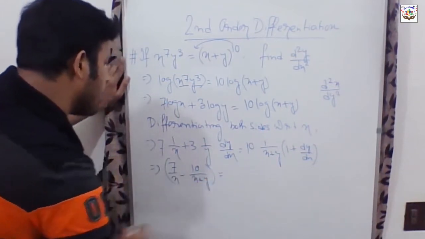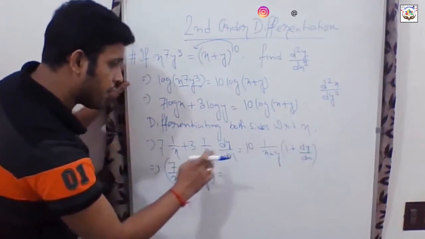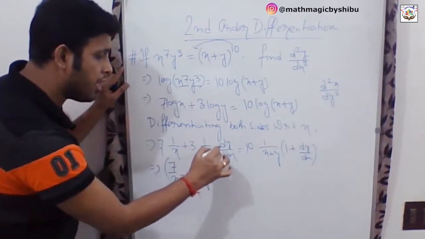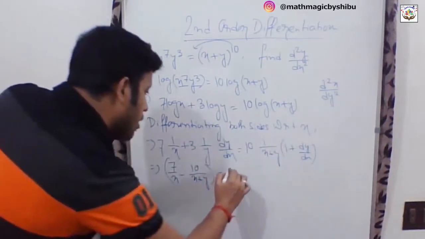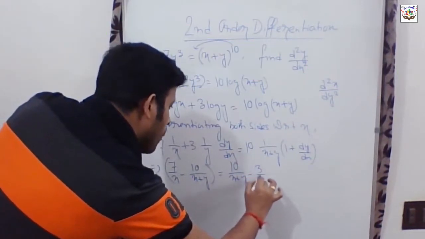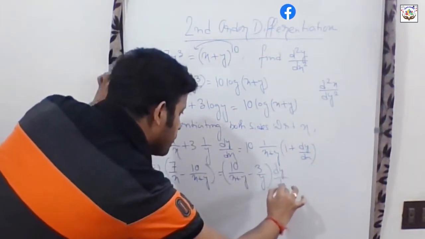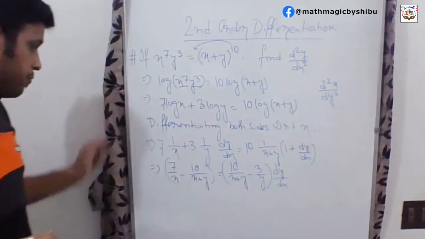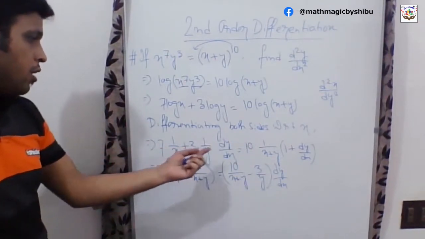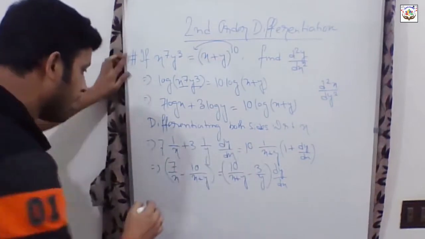And let us take 10 by x plus y divided dx minus 3 by y divided dx. So we are taking this 3 by y dy dx to the right hand side. Okay, so 10 by x plus y minus 3 by y into dy dx. Just check once. 7 by x minus 10 by x plus y and 10 by x plus y minus 3 by y. So it is fine, right?